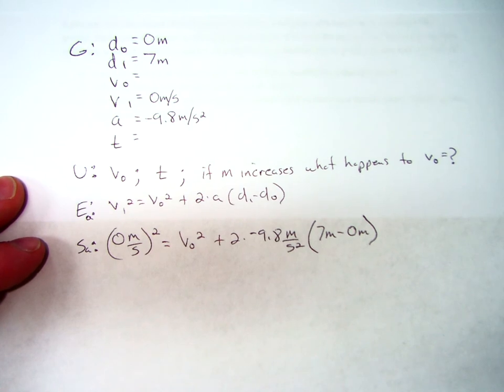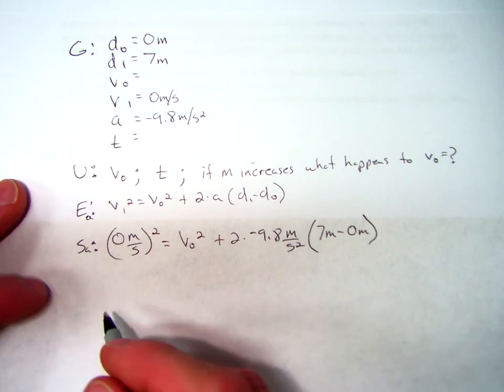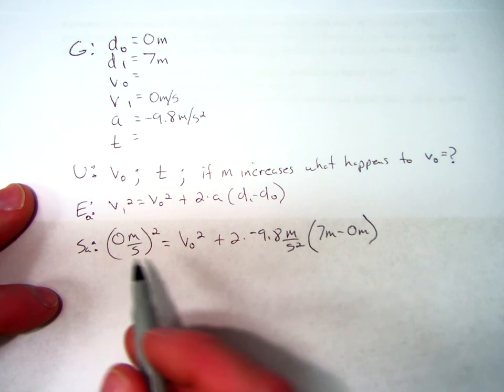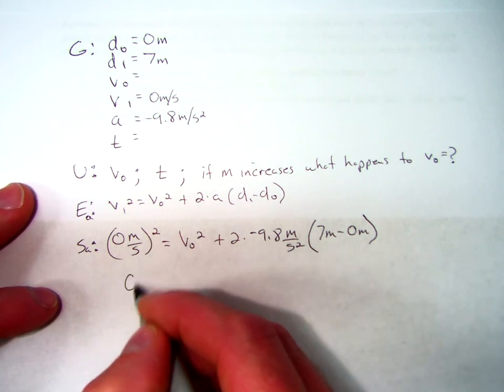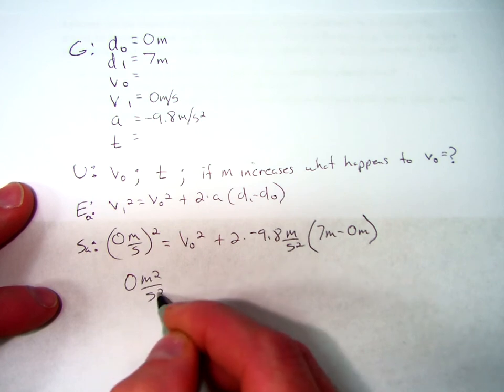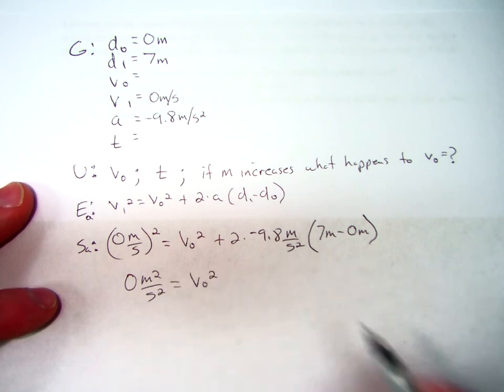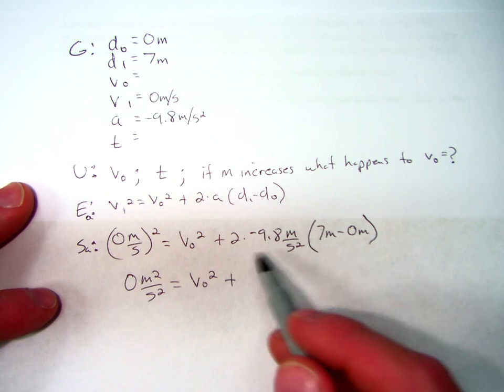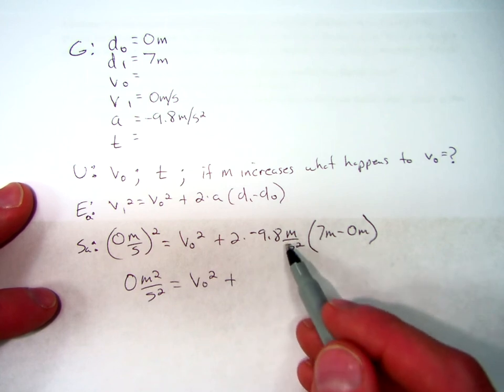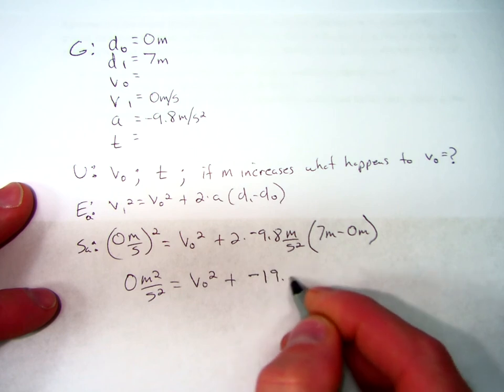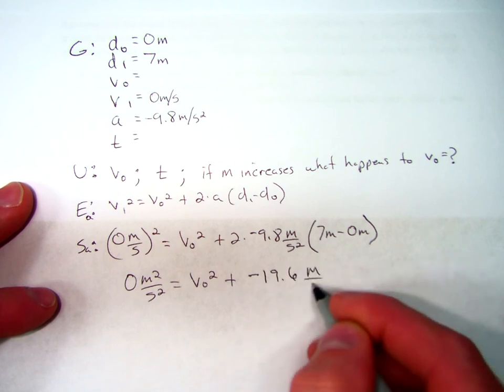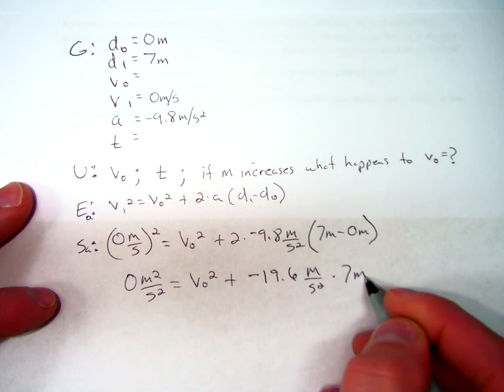Okay. Alright, now let's do the algebra. 0 squared is 0. 0 equals V0 squared plus 2 times 9.8 is 19.6 meters per second squared times 7 meters.